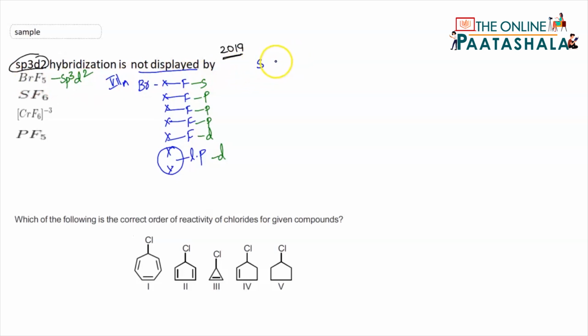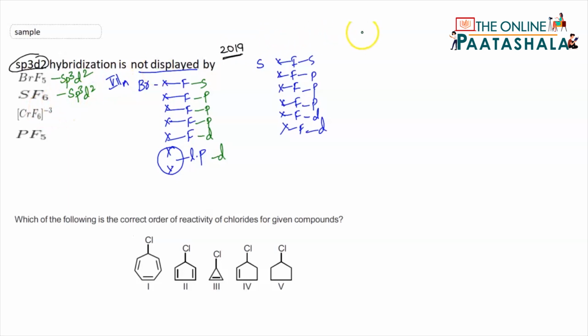Its valency is 6, so the valence electrons are 6, each bonded with 1 fluorine. Next it goes as S, P, P, P, D and D. Again the hybridization is sp3d2. That is also the same.